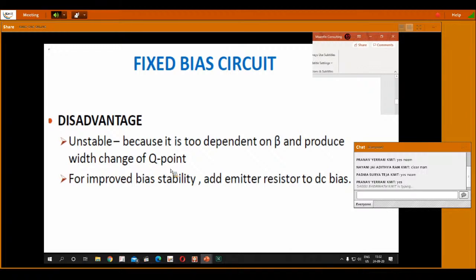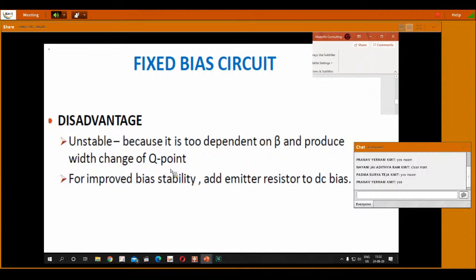So now the disadvantage is that it is unstable, because our collector current is dependent on the current gain, and that current gain also changes with respect to the temperature. So for improved stability, what we have to do in a fixed bias circuit is put an emitter resistor.